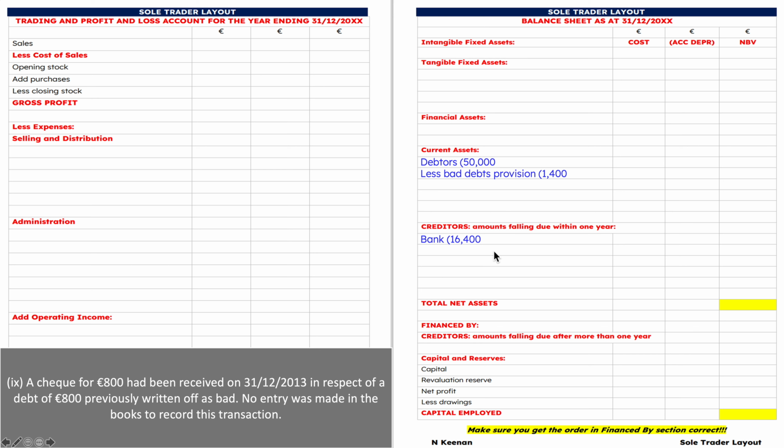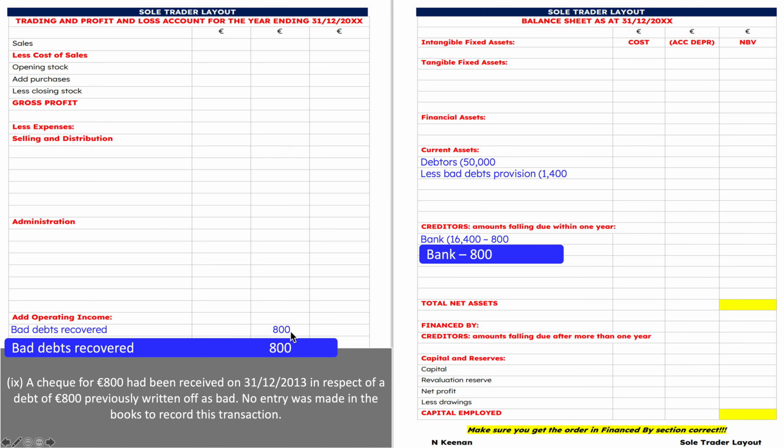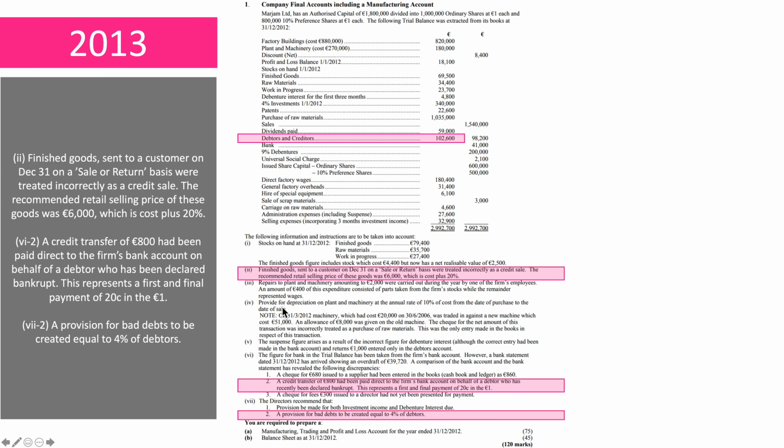So that is going to decrease the bank overdraft by 800 because 800 came into the bank, decreases the bank overdraft figure. And we need to show the bad debts recovered 800 there. There is no effect to the debtor because the debtor that had previously been written off as bad, they paid us all of the amount that they had previously written off. So that was that.